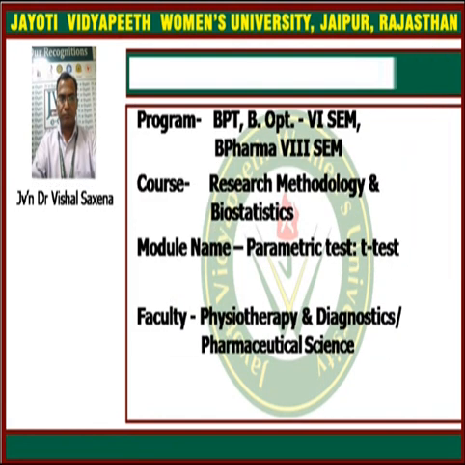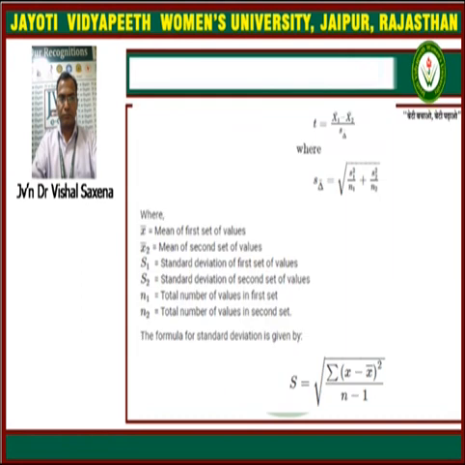The formula for the t-test is given by t is equal to x1 bar minus x2 bar upon h del bar, where h del bar is equal to under root of s1 square upon n1 plus s2 square upon n2, where x1 bar is the mean of the first set, x2 bar is the mean of the second set of values, s1 is the standard deviation of the first set of values, s2 is the standard deviation of the second set of values, and n1 and n2 are the size or the number of values of the first and the second set respectively.